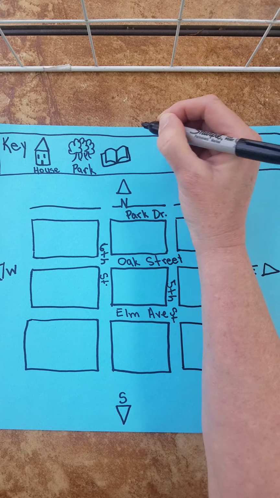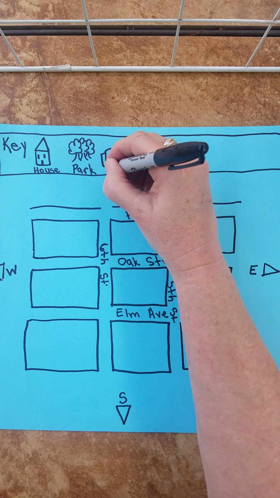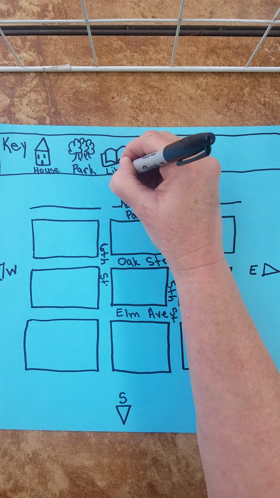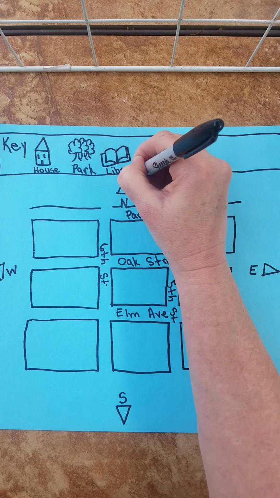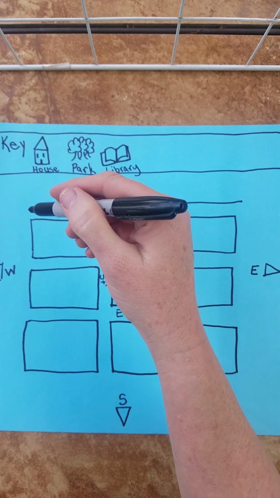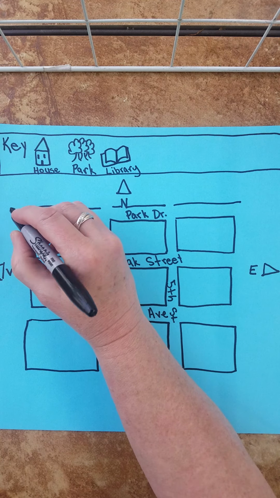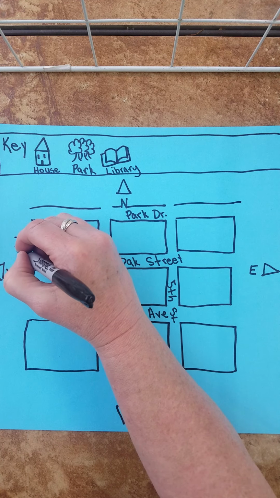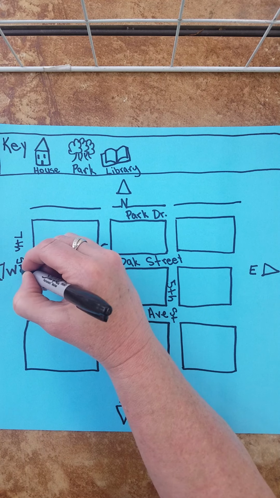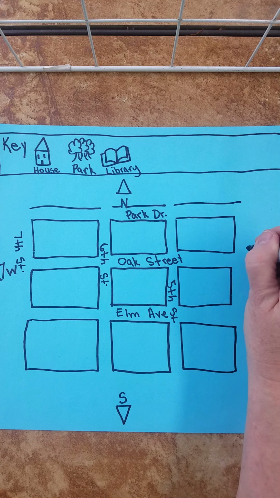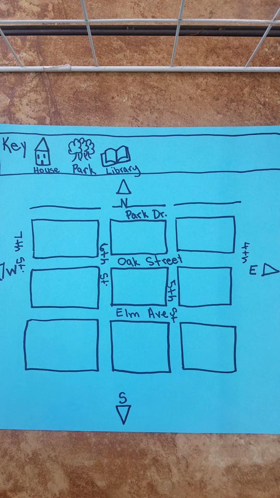And that's going to be a library. I'm going to actually add this because this might be helpful. This was 7th Street. This was 4th. Okay. All right.